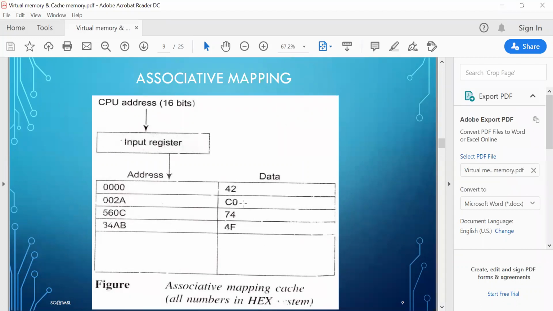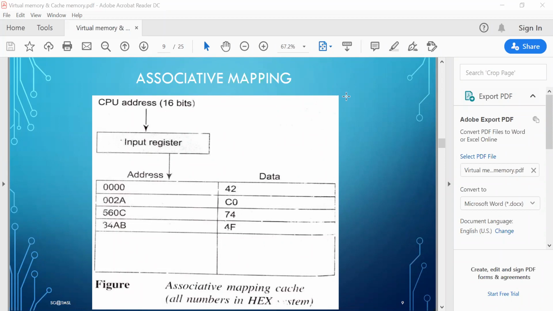If no match occurs, then main memory is searched for the address of the word, then the address data pair is brought into the cache memory from the main memory, and placed onto an old address data pair if the cache is full.